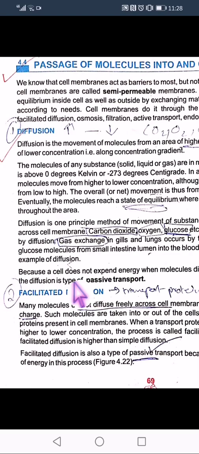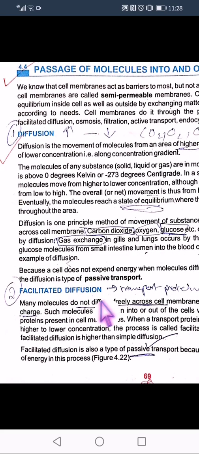Facilitated diffusion is another type of diffusion. What happens? Some of the molecules do not diffuse freely across the membrane, and for that reason they need some help. That can be because of their large size, so they cannot move easily. For that reason, they take help of proteins present in the membranes. These proteins are called transport proteins, and they help in moving such molecules from one area to another.